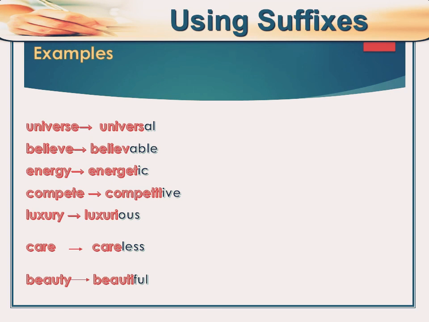And to the verb care, you can attach the suffix less and you obtain the adjective careless. And to beauty, which is a noun, you can attach the suffix ful and you obtain the adjective beautiful.